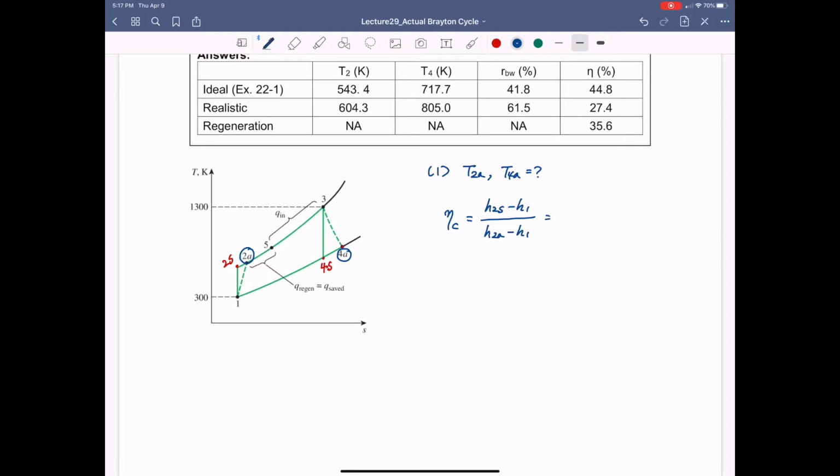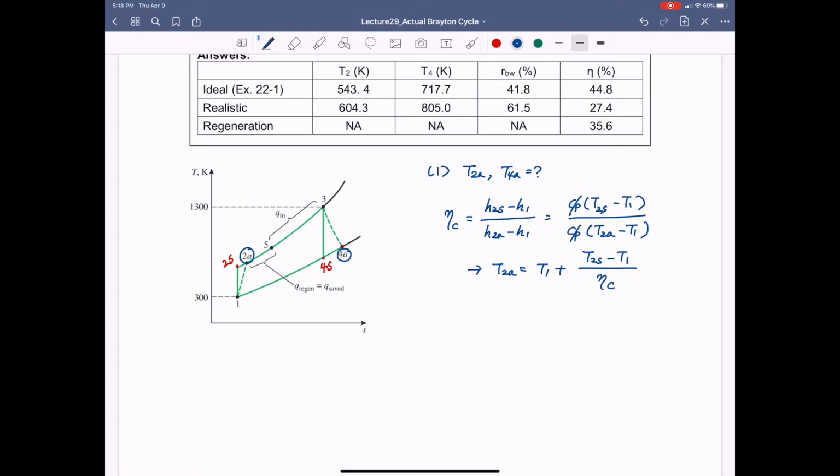Now, by assuming that your working fluid has constant specific heat, or the cold air standard assumption, we can write everything in terms of temperature. Then we can cancel Cp. So the temperature T2A can be written as this.